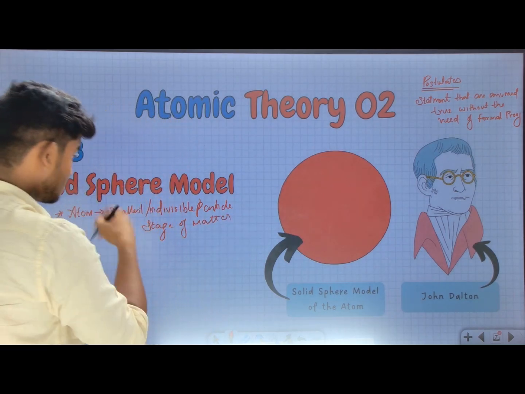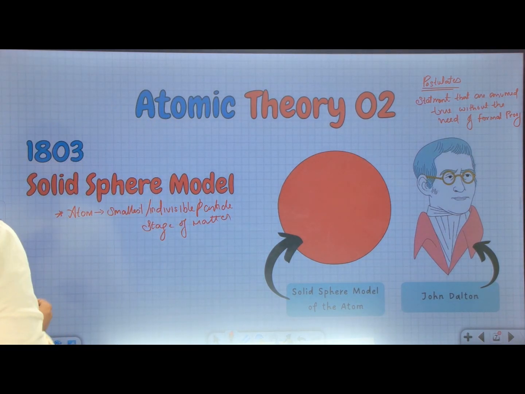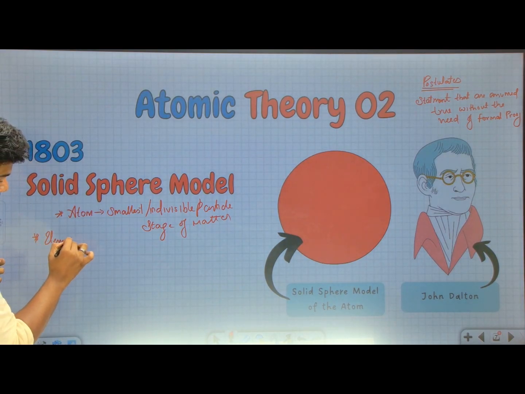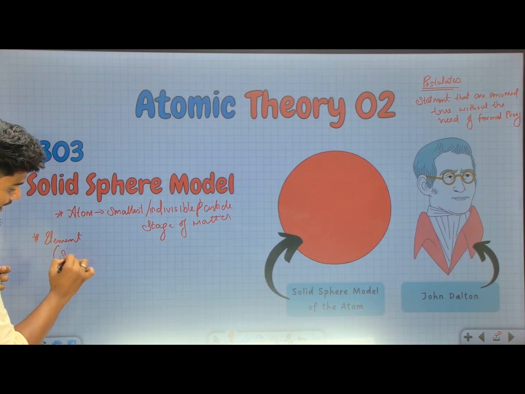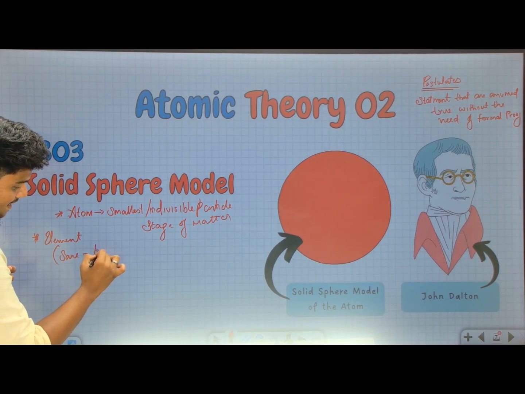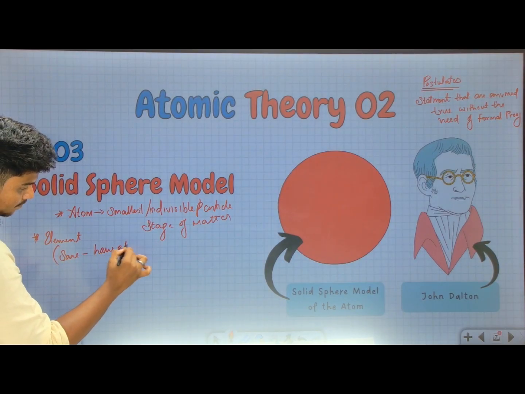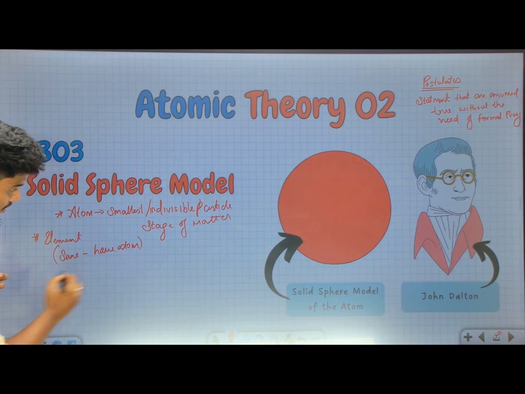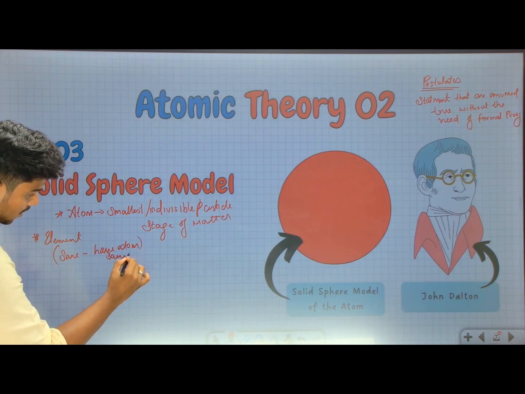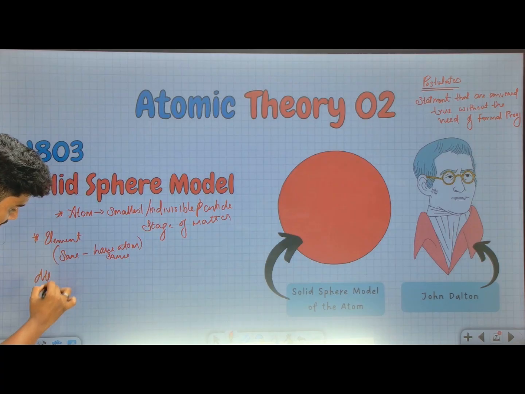So since atom is the smallest indivisible stage of matter, he also came up with a second postulate: elements of the same type have the same atom, but different elements.